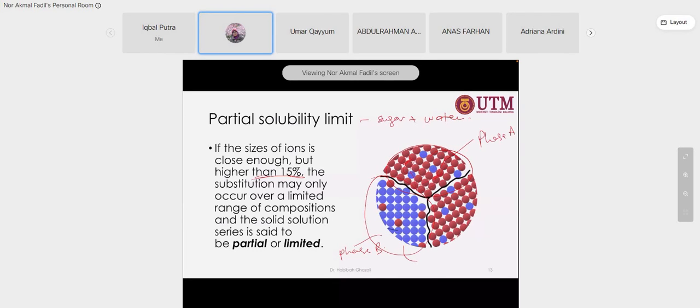One has more blue element, the other is more of the solvent, element A. In this example, the blue is the alloying element, but the red is the host element, the parent atoms. However, due to the formation of different phases, the concentration of the alloying element is higher in this region.